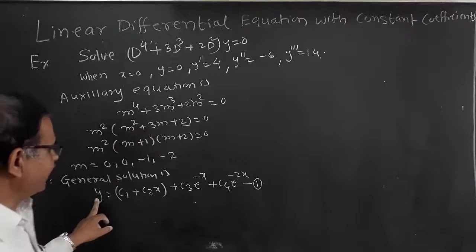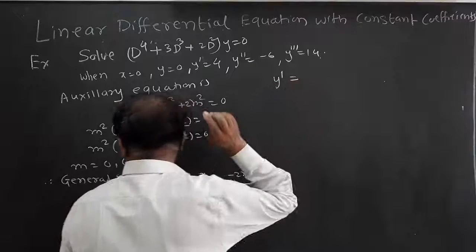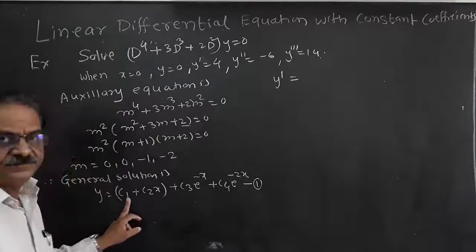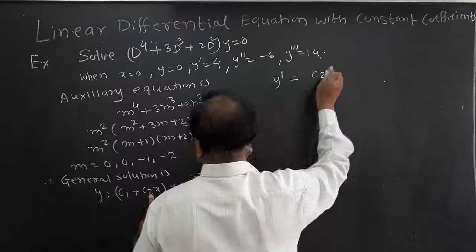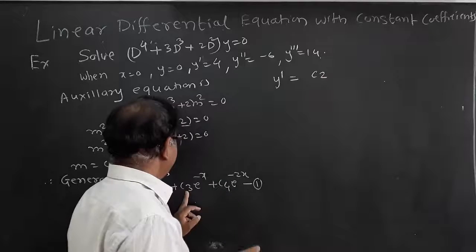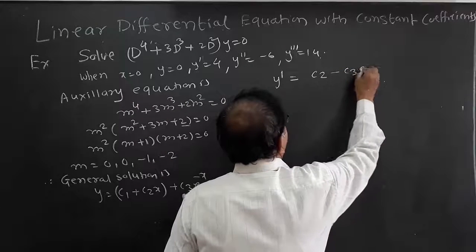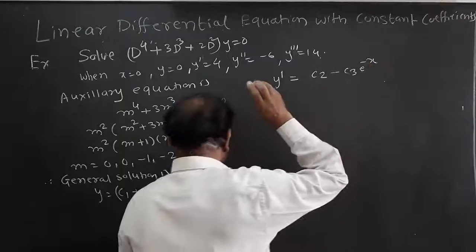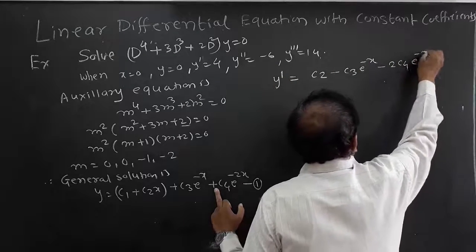Therefore, we differentiate this y. We get y dash equal to, derivative of c1 is 0, derivative of c2x is c2, plus c3 into e raised to minus x, that is minus c3 e raised to minus x, minus 2c4 into e raised to minus 2x.